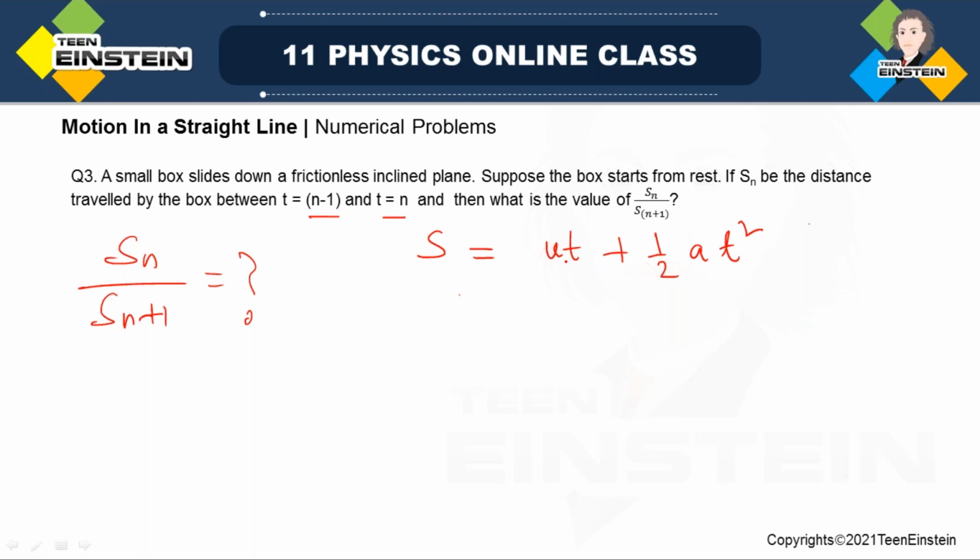If you know the initial velocity, the time interval, and the acceleration of the motion of the object, then you can easily find the displacement of the object after some time t. So this is initial velocity.